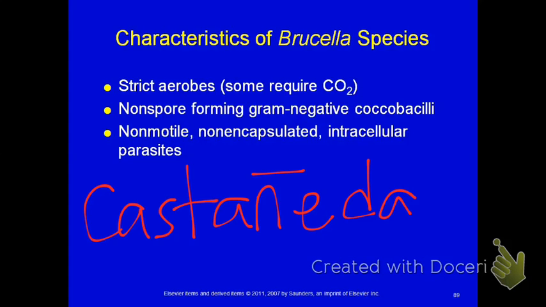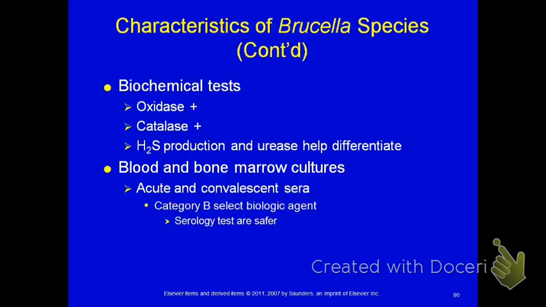Anyway, for biochemical tests, they are positive in oxidase and catalase, and they have the ability to produce hydrogen sulfide and urease, which will help us differentiate it from other species. You can cultivate blood and bone marrow culture, though they are intracellular parasites.